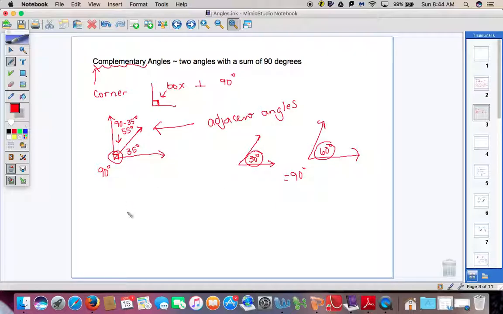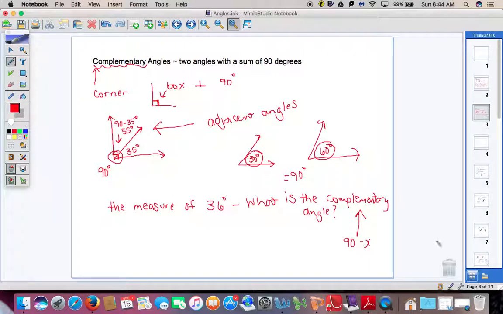So say you're given the measure of an angle is 36 degrees, you can find what is the complementary angle. Well, the complementary angle would be 90 minus x.